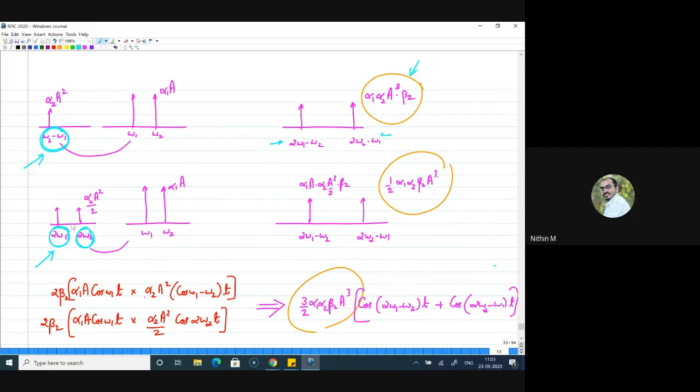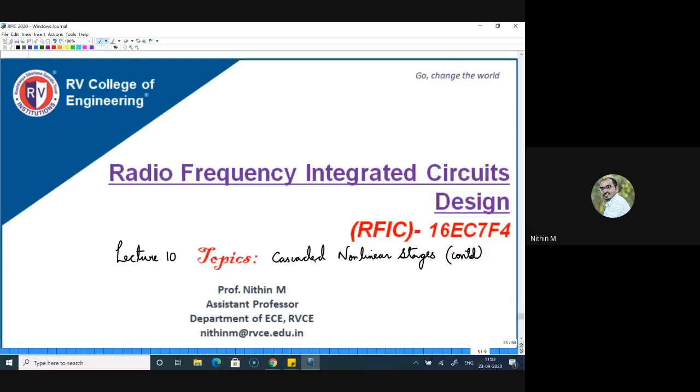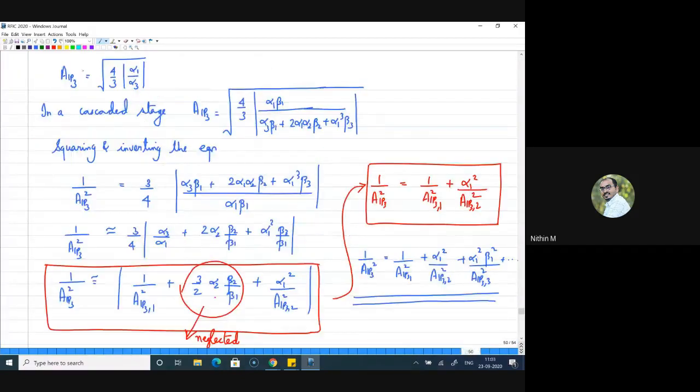In such cases, if these terms are not present, then this intermodulation term will not be available at the output. So if the system is a narrow band system, you can very well neglect the term which we have added at 3 by 2 alpha 1 alpha 2 beta 2. In such case, we can directly write the AIP3 expression of this form, or we can extend to this form. But that is applicable only when we consider the system as a narrowband system.